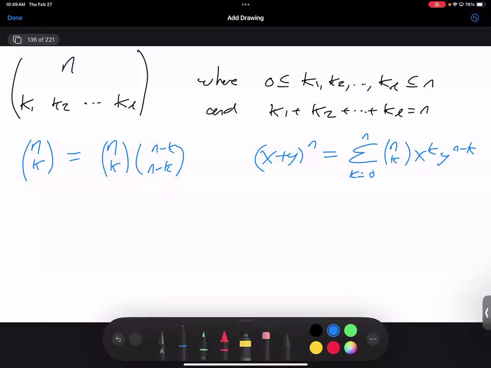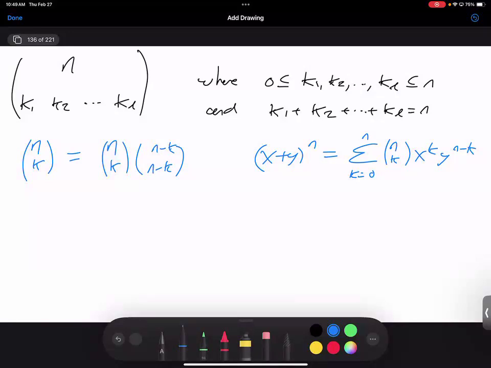So binomial coefficients came from expanding x plus y to the n. What do you think a trinomial coefficient might come from expanding? Yeah, x plus y plus z.